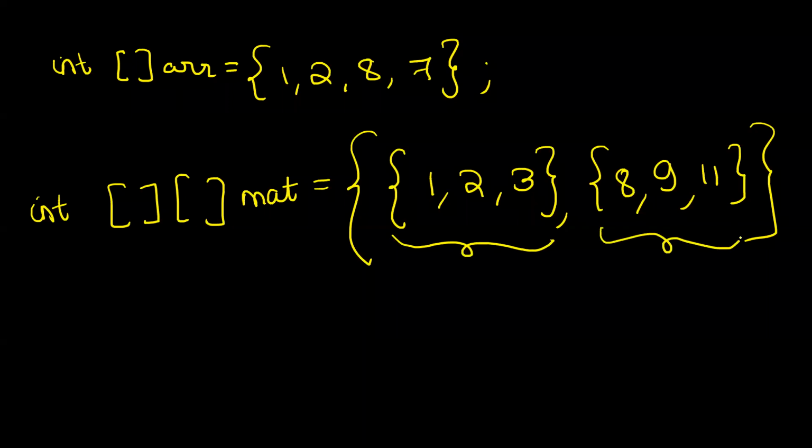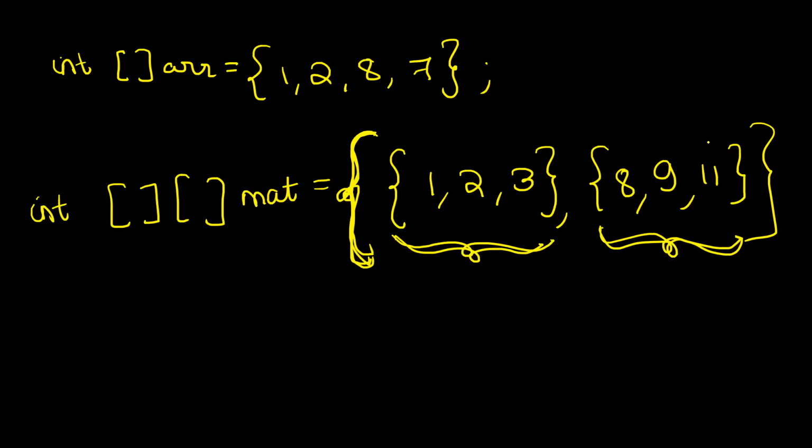This is another 1D array. Look at these outer bigger brackets. Is it not an array of multiple one-dimensional arrays? Is this bigger array not consisting of two one-dimensional arrays? One is this 1, 2, 3, and the second array is this 8, 9, 11. So this is your first row, this is your second row.